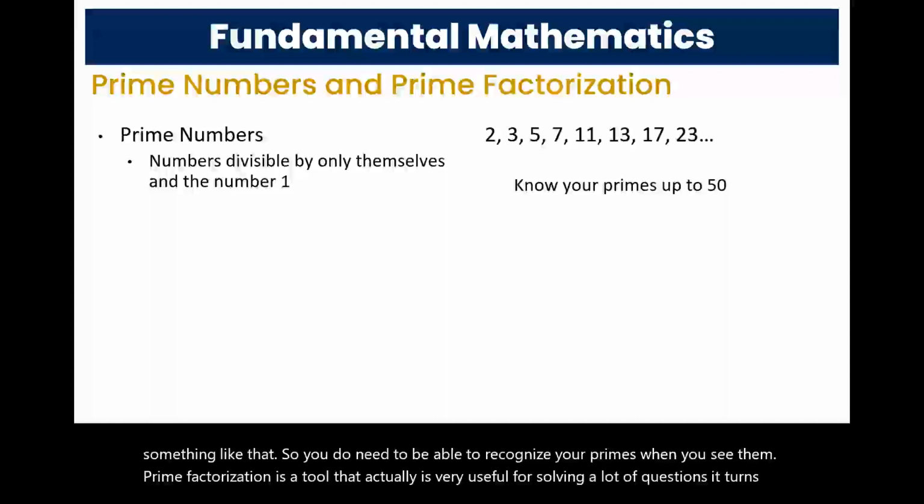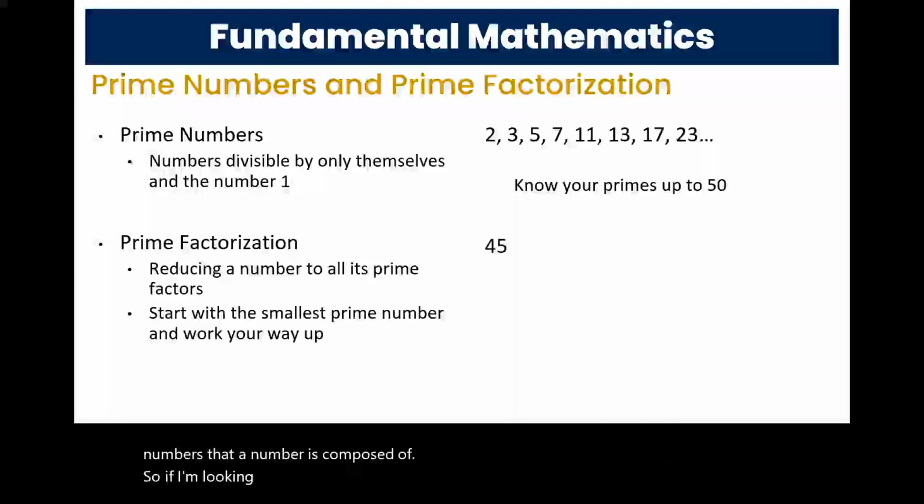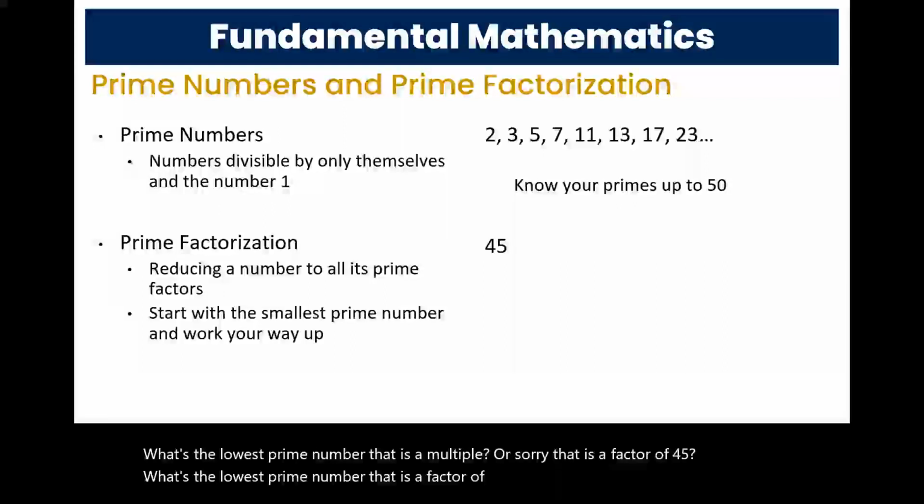So what do I mean by prime factorization? You're going to find all the prime numbers that a number is composed of. If I'm looking at, say, 45, let's prime factorize this thing. What's the lowest prime number that is a factor of 45? 3.